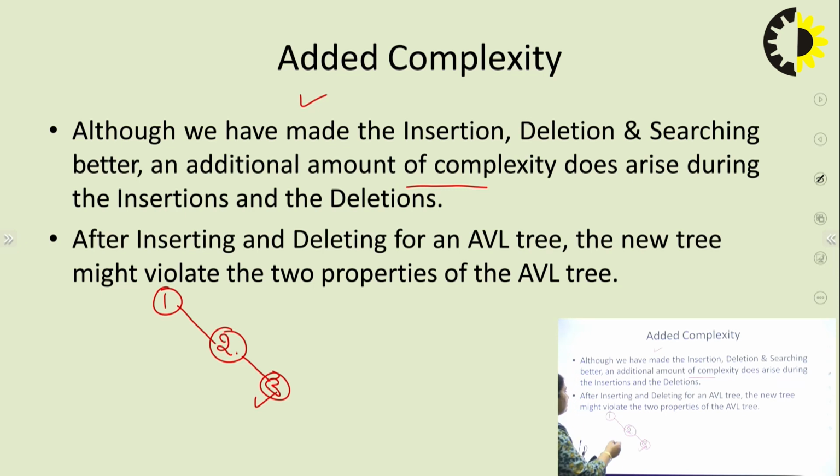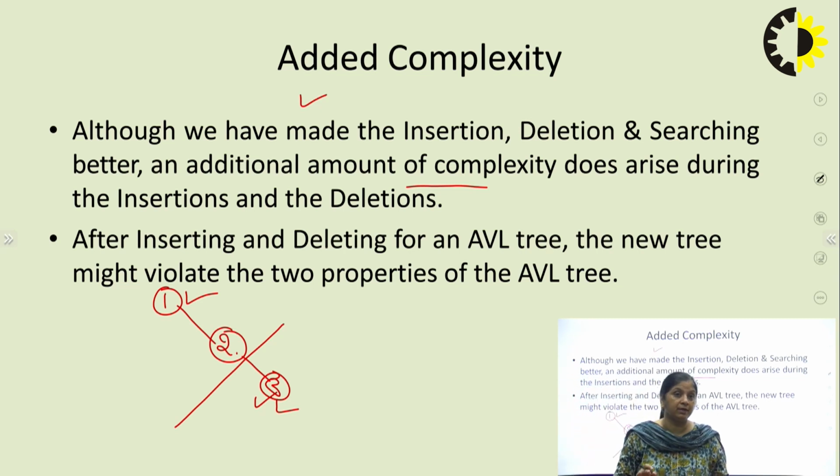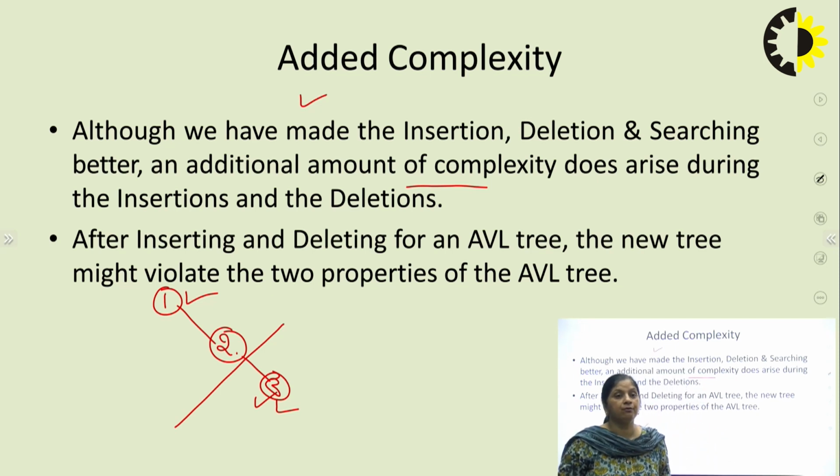In this case, the left and right subtree height difference was 0 or 1. But when I inserted 3, at one node the difference became 2. So it is no more an AVL tree, and we need some balancing. That is the added complexity.